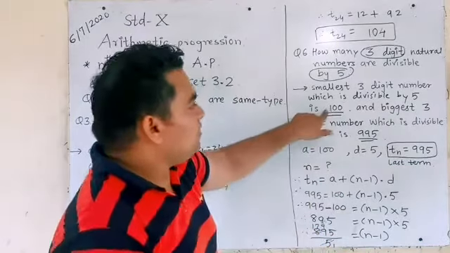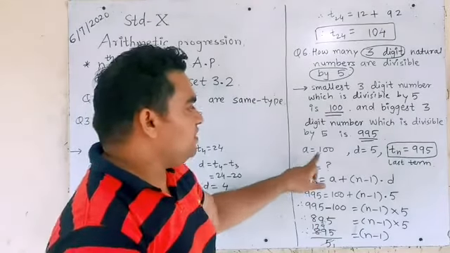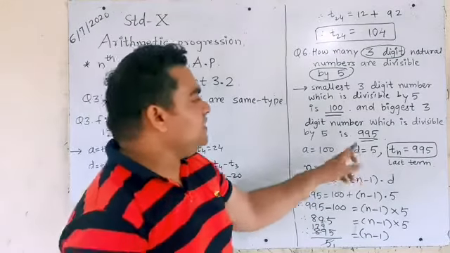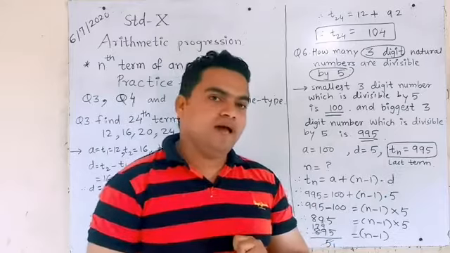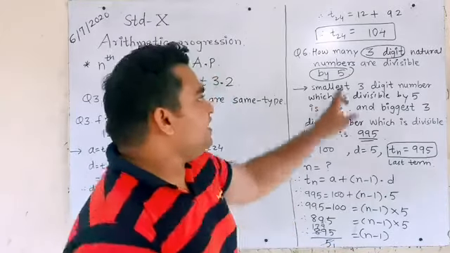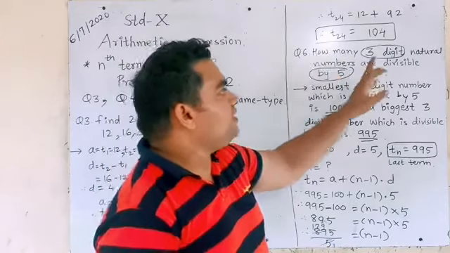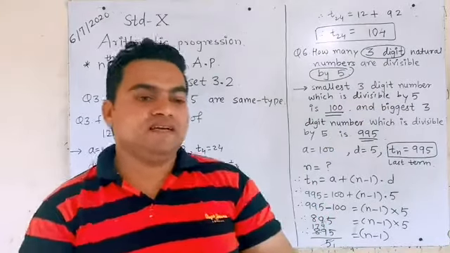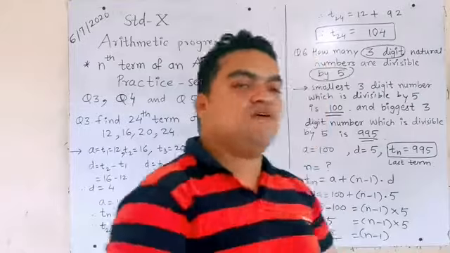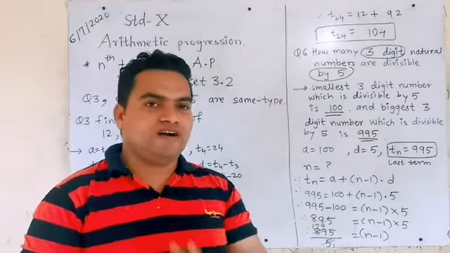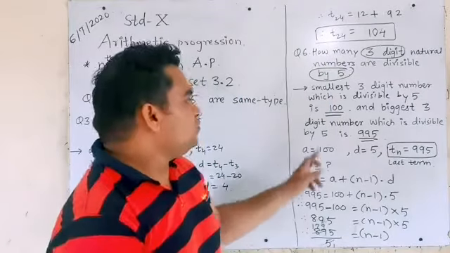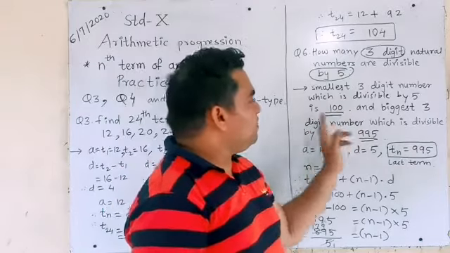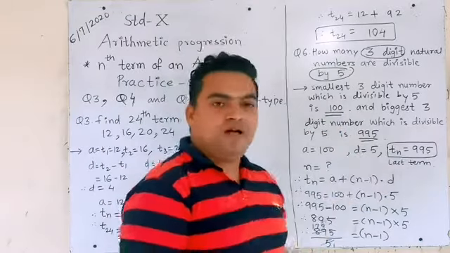It means the first term A will be 100 and D is equal to 5. Why? Because we are reading the question very carefully: how many 3-digit natural numbers are divisible by 5? It means the difference will be constant, 5 only: 5, 10, 15 like this. So the difference between the numbers will be 5. So D is equal to 5.